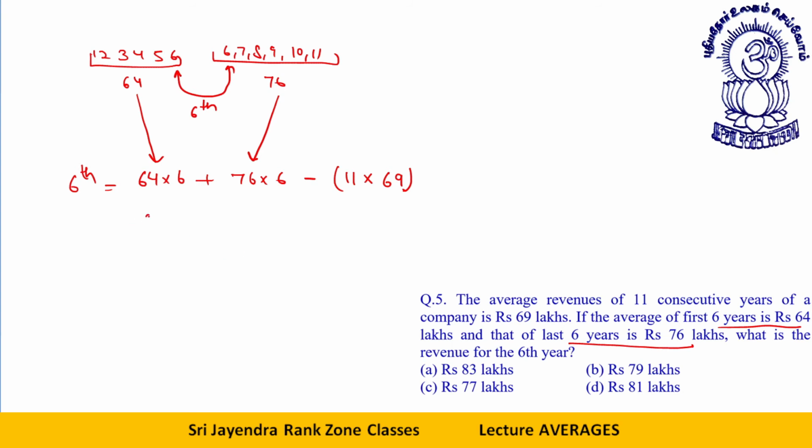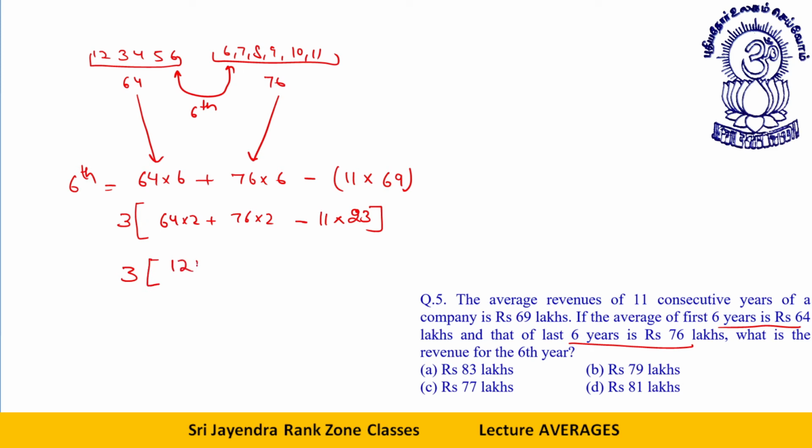Okay. So if you want, you can take a 6 common, you will get 64 plus 76. Better you take a 3 common. If you take a 3 common, you can get it like this: 64 into 2 plus 76 into 2 minus 11. From here, you take a 3 common, you get 23.